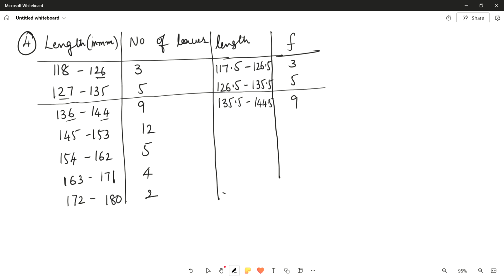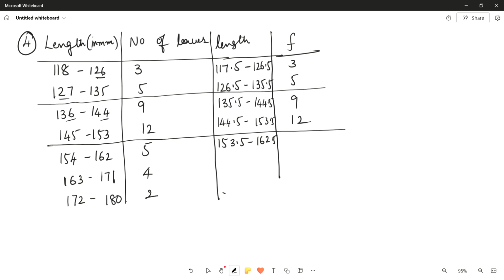So 145 minus 0.5, it is 144.5. Here it is 153.5. And frequency will be 12. Now in 154, if you subtract 0.5, we get 153.5. This is 162.5.